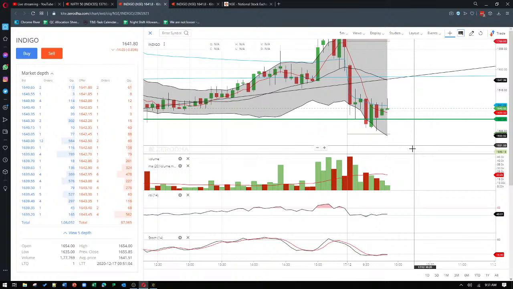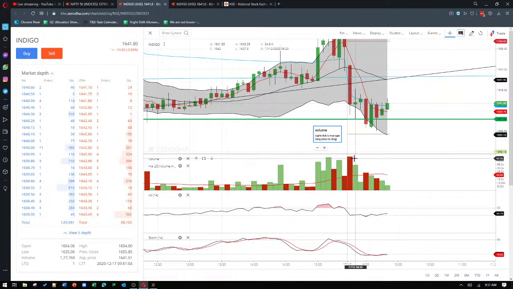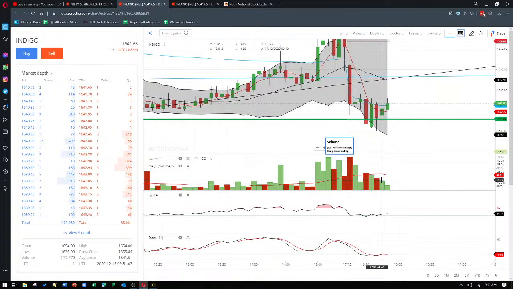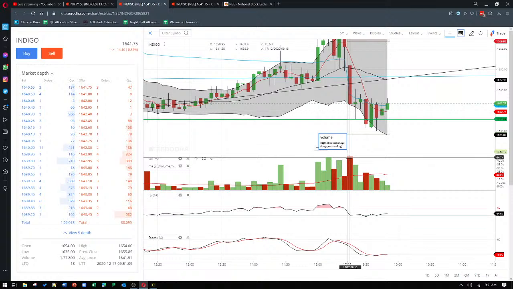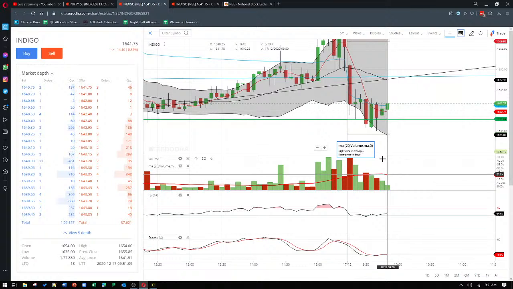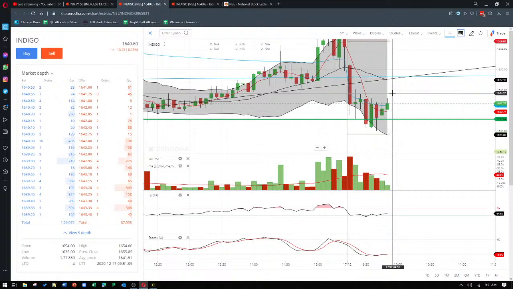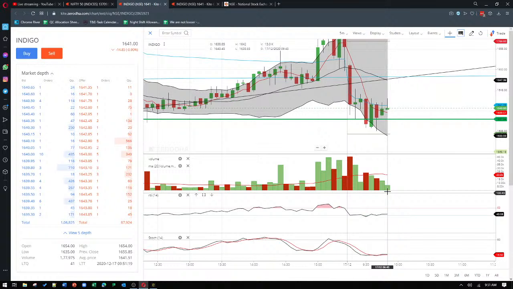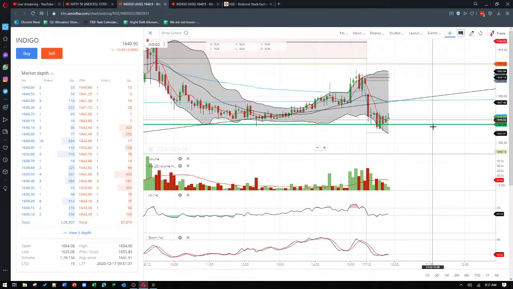On the other hand, if you look, the volume is drying up slowly, and you don't have momentum on the price also. If the volume is spiking up along with the price, then we can say there is a change in the trend. Otherwise, this is going to continue to fall.